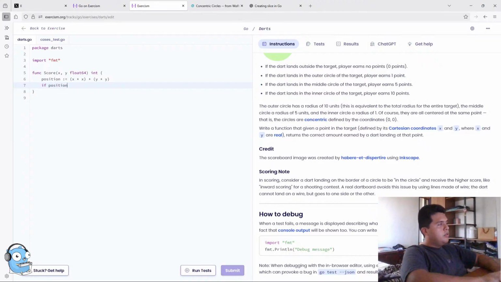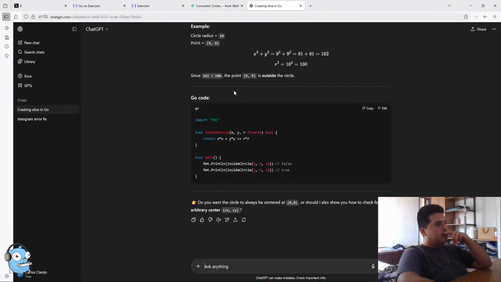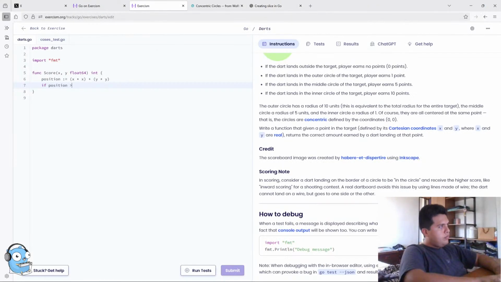If position is greater than 10 multiplied by 10, return 0.